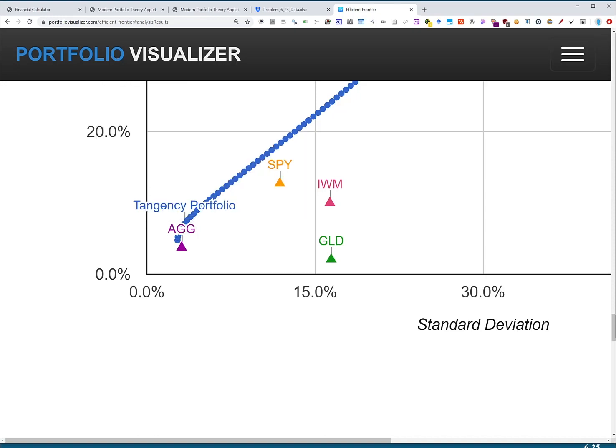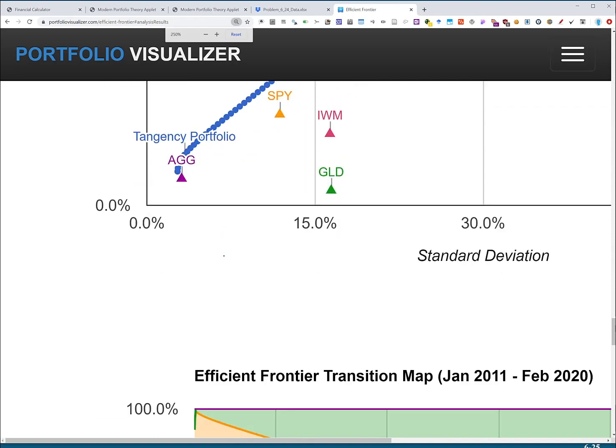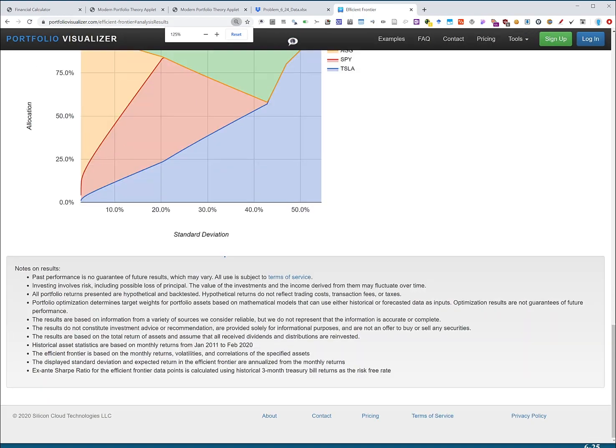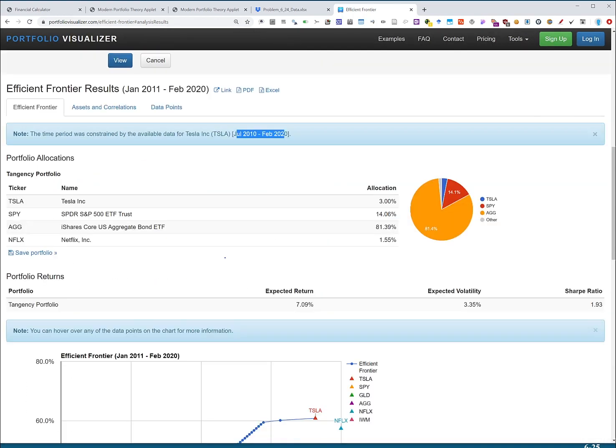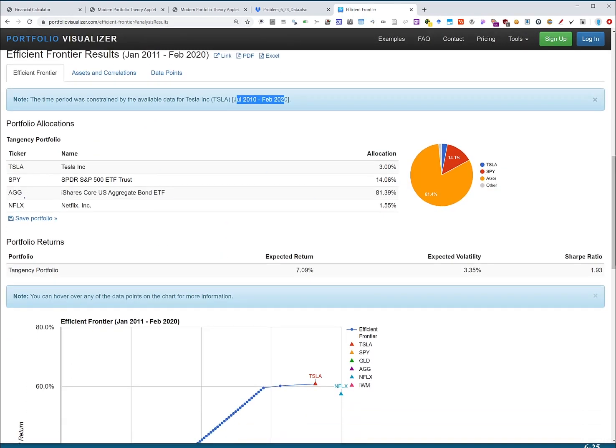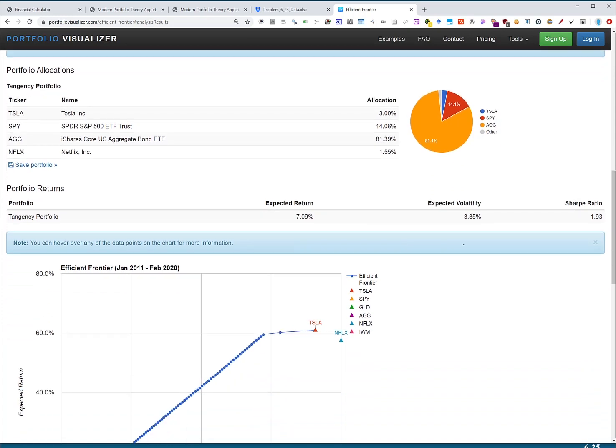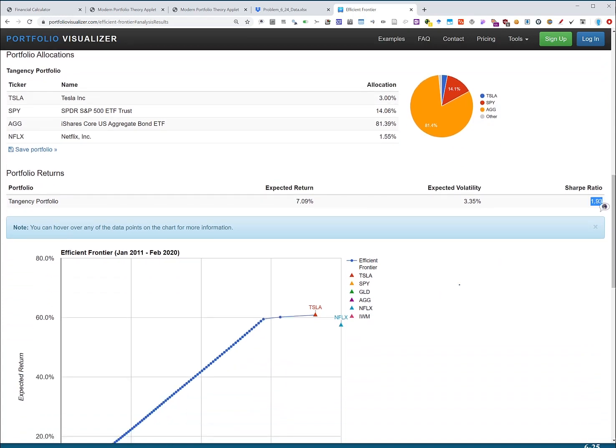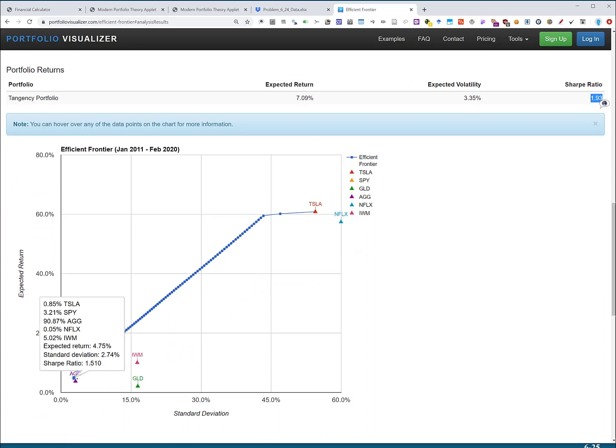It's kind of hard to see which one is the tangency portfolio, but it's actually mentioned somewhere else. Hold on. Here's our tangency portfolio. It has a Sharpe ratio of 1.93. It has to be somewhere here. There are just a few points, so it's hard to see.